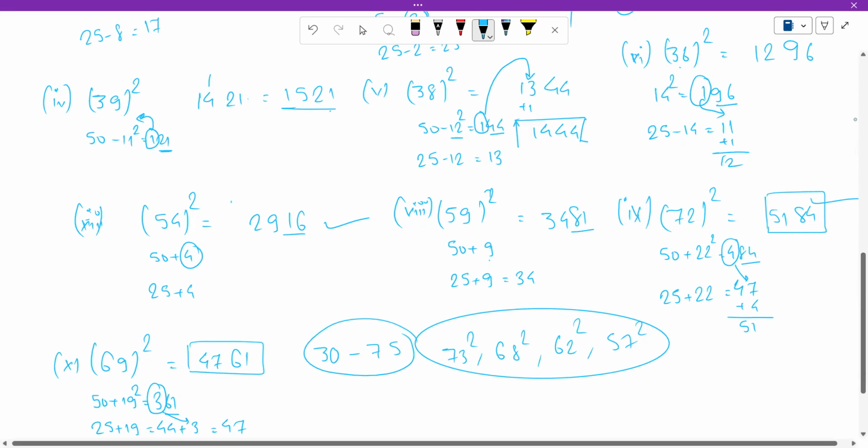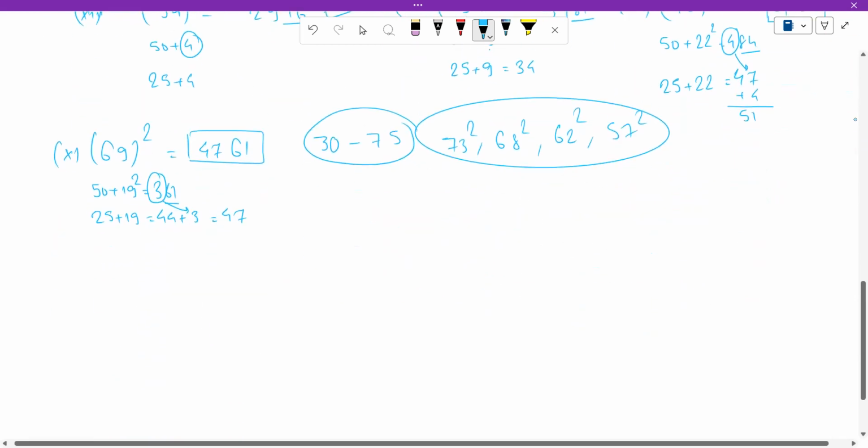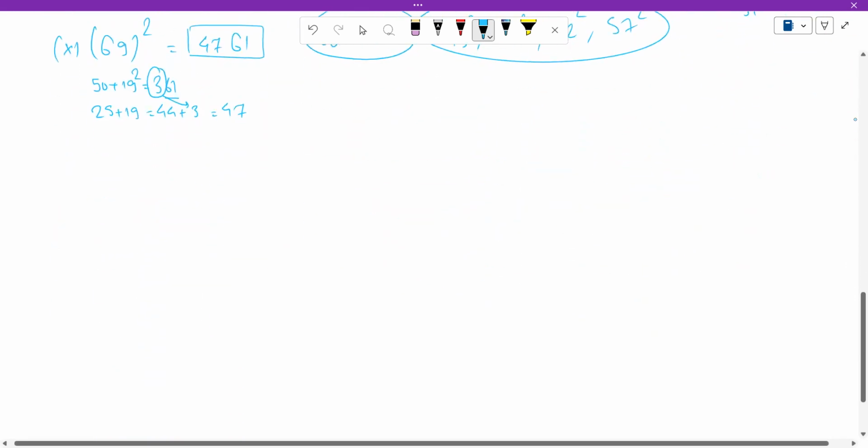There is one more. If I tell you to find the square of numbers that lie more than 70, or 75, so what I'll do now?